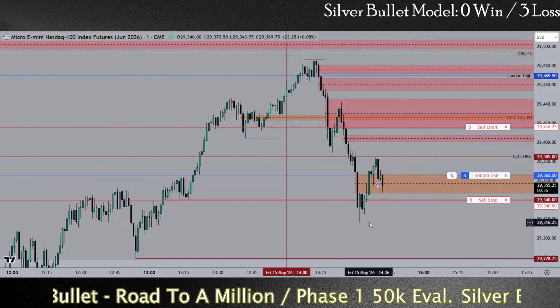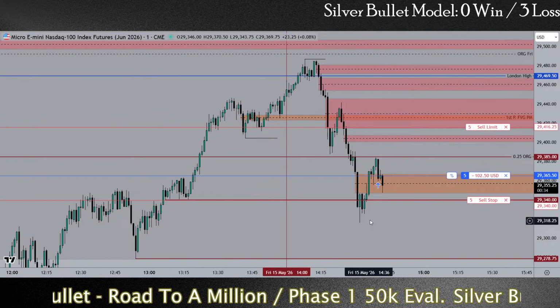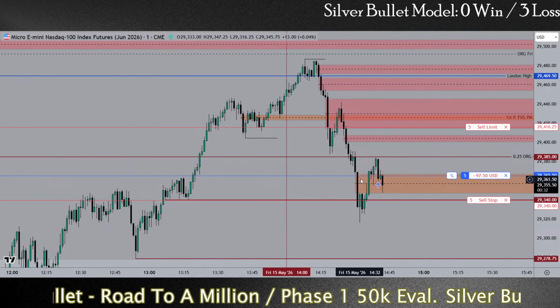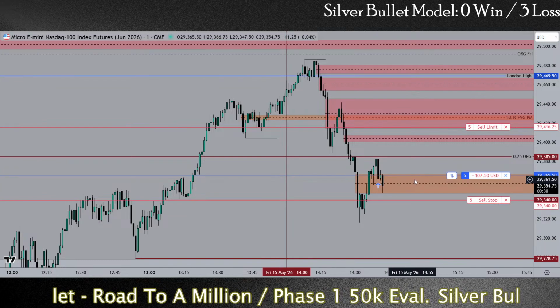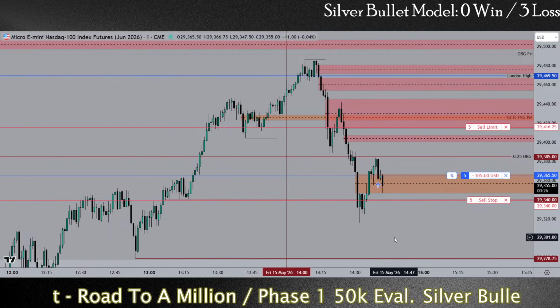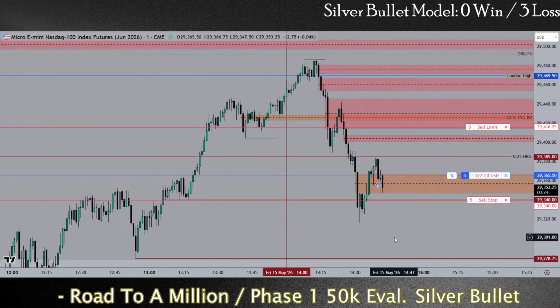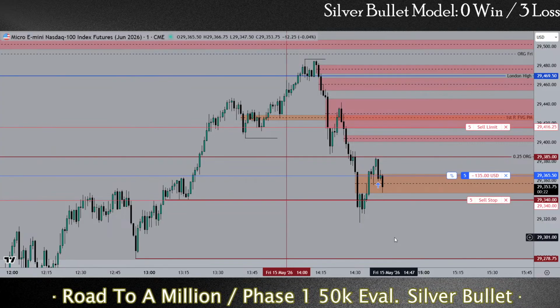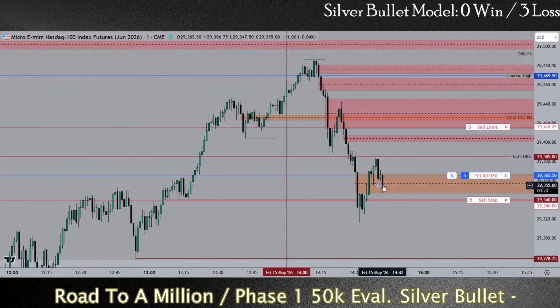And now we'll see what we will get. It's really important to see the body stay in the upper half of this inversion and be rejecting that, because otherwise it's not good.